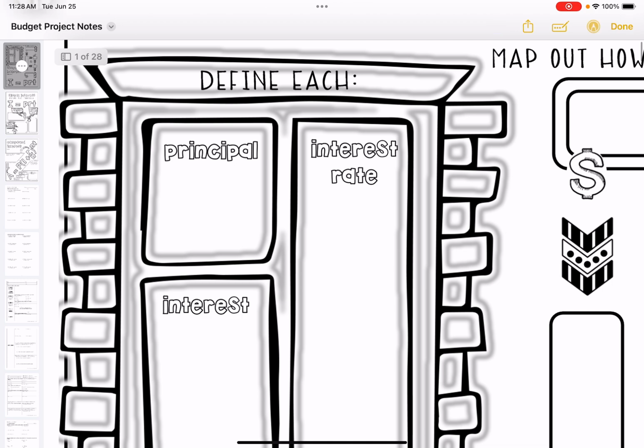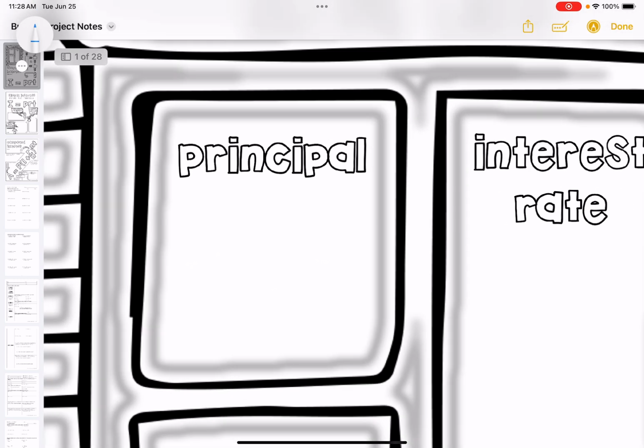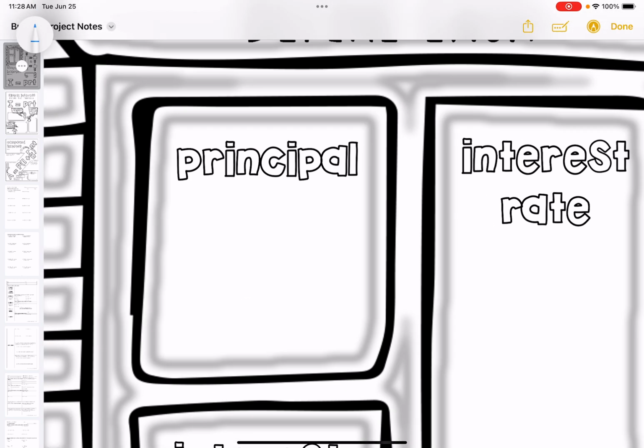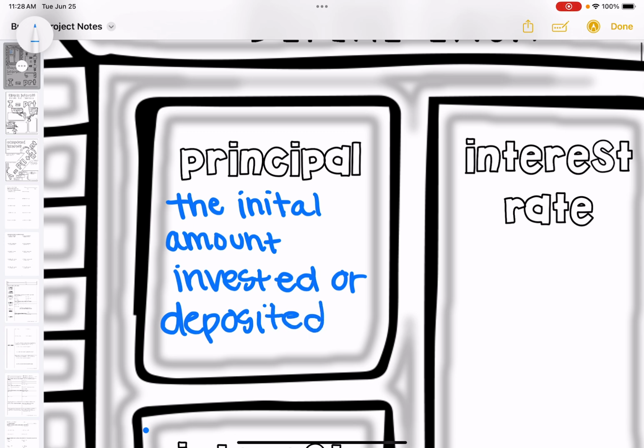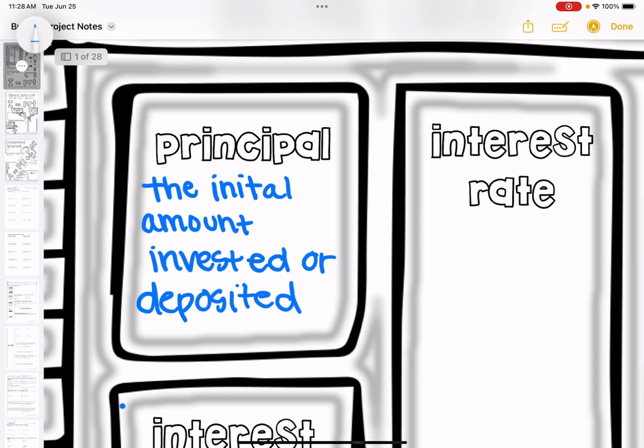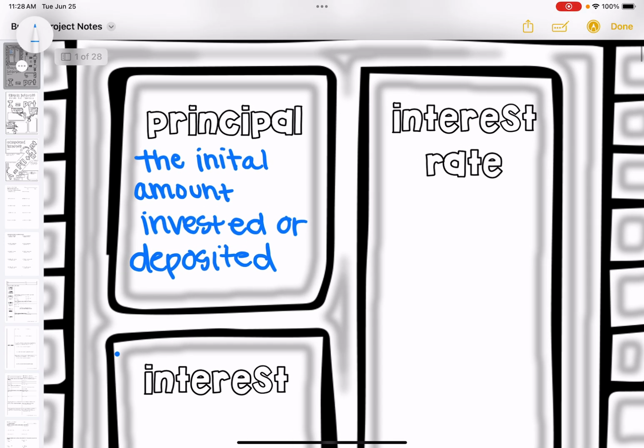So looking up at the top, the first one is principal. And this is the initial amount invested or deposited. All right, next is interest rate.